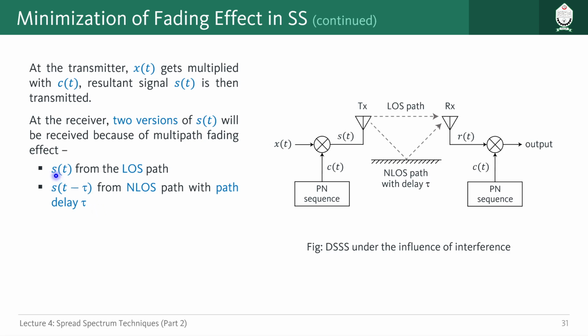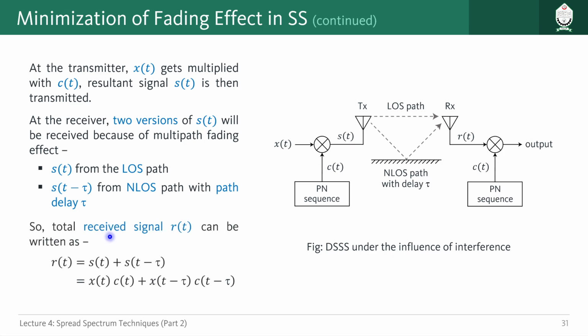So two versions of s of t will be received at the receiver. So finally we can say the received signal r of t is s of t plus s of t minus tau, and we can expand this expression as x of t multiplied with c of t, plus x of t minus tau multiplied with c of t minus tau. Same goes for this one also, right? So this is our final received signal.